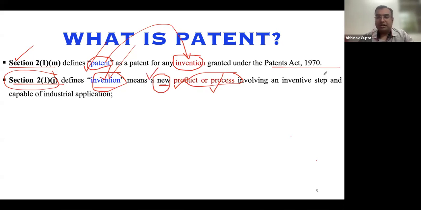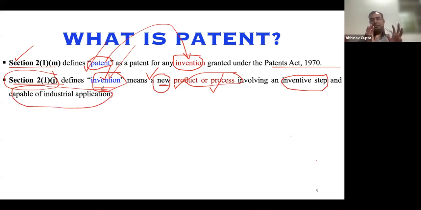Such product or process should involve an inventive step, and such product or process should be capable of industrial application. So there are three adjectives or three prerequisites for a product or a process to become an invention. I hope we are able to understand. What is patent? One more time.